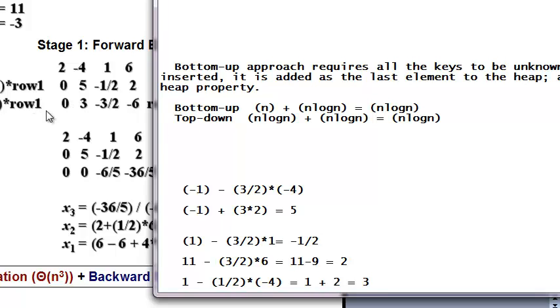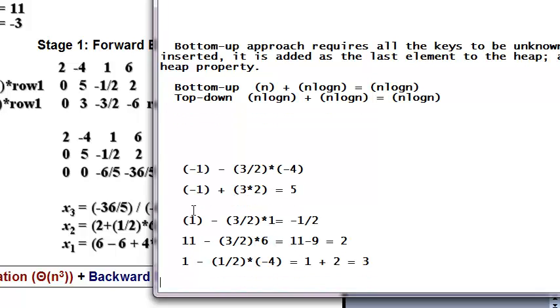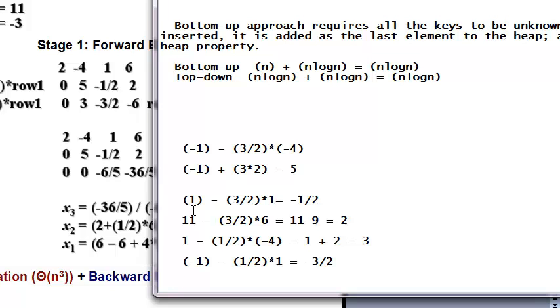Then negative 1 minus half times 1, which is negative 3 over 2. And then negative 3 minus half times 6, negative 3 minus 3, which is negative 6.